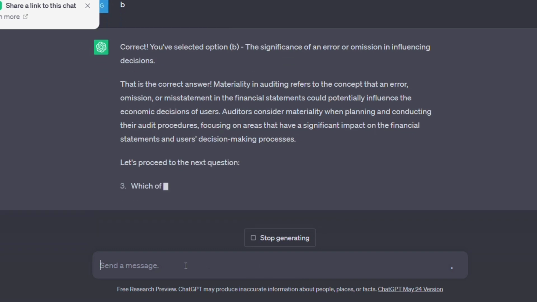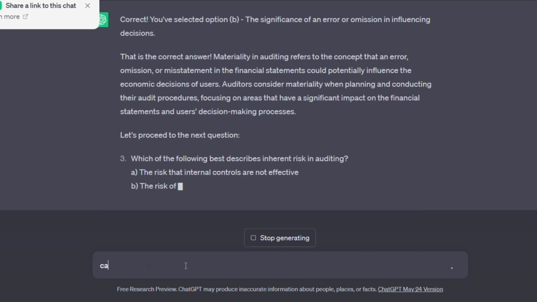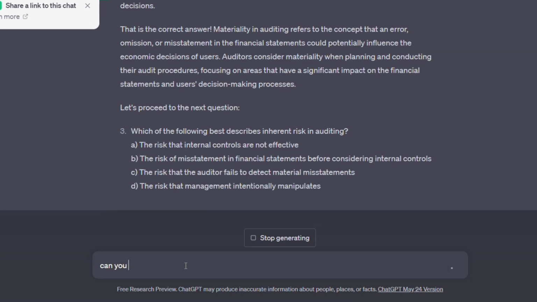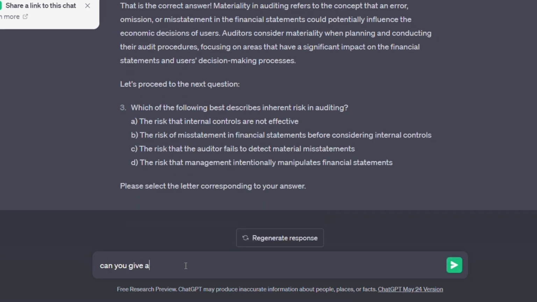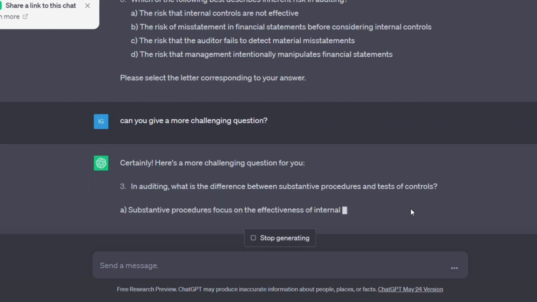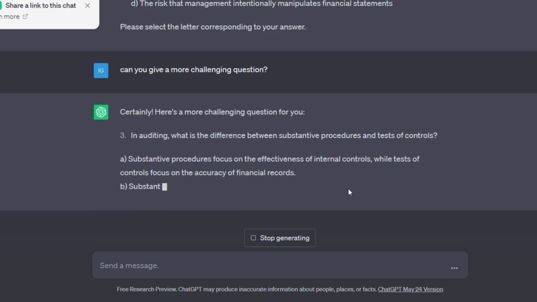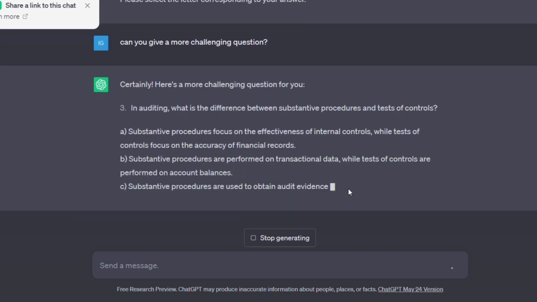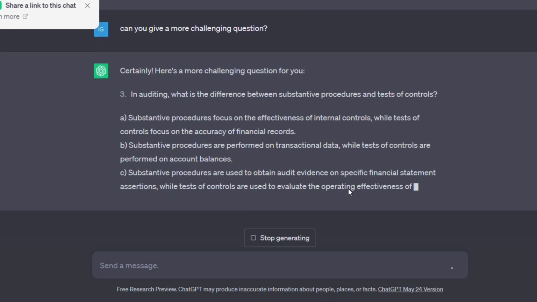Let's select challenging questions. In auditing, what is the difference between substantive procedures and tests of control?